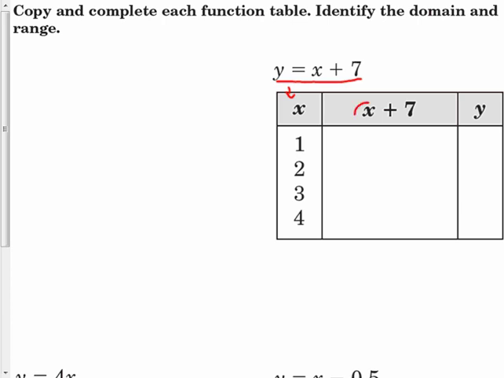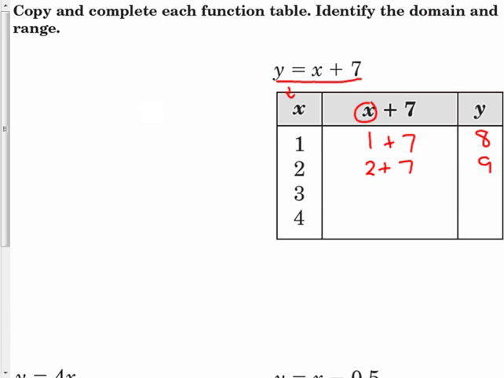If x is 1, then x plus 7 has to be 1 plus 7, and 1 plus 7 equals 8. So our output, or our y value, is 8. How about if x is 2? If x is 2, then the problem becomes 2 plus 7, and 2 plus 7 is 9, so my y value is 9.